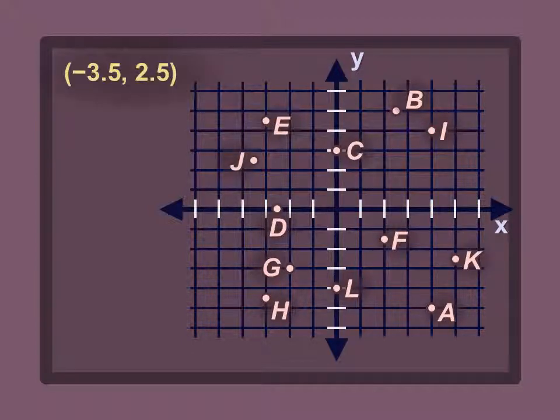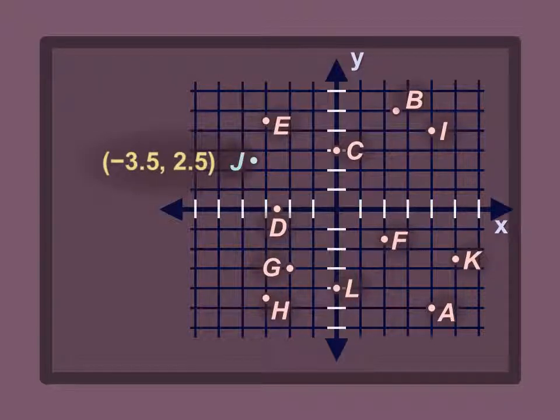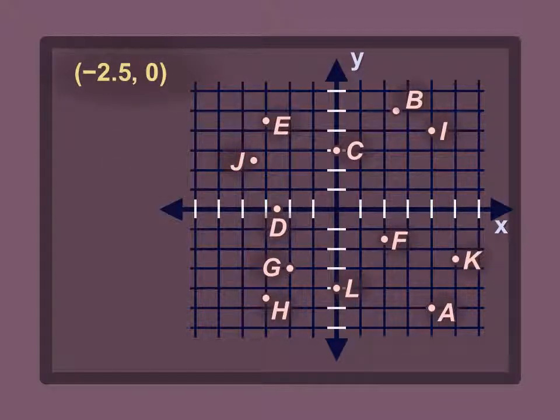-3.5, comma, 2.5. So the -3.5 is your x-coordinate. So 1, 2, 3.5, and then 2.5 is your y-coordinate. So 1, 2.5, we get point J. So -2.5, comma, 0. So -2.5 is your x-coordinate, your horizontal distance. 1, 2.5.